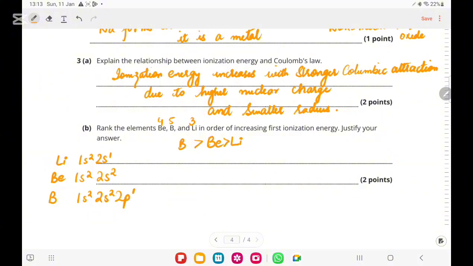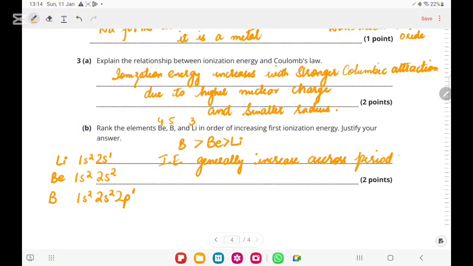Ionization energy generally increases across a period due to increase in nuclear charge.